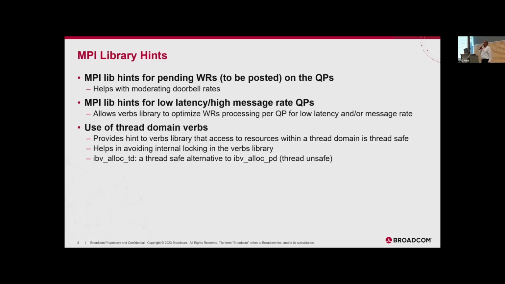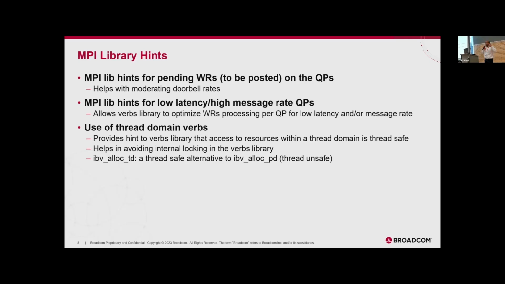Moving to another area. Today, I believe libfabric has some of this, but what I'm going to talk about is giving some type of hints between the libraries, which really helps the overall co-design. What I mean by this is the MPI library posting a work request to the library below it, let's say verbs here.